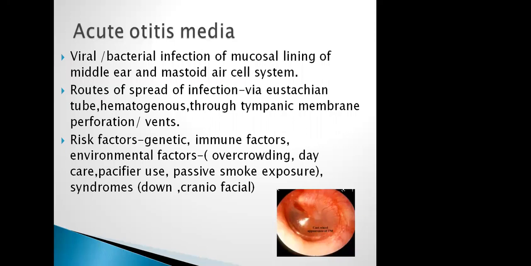With daycare exposure, if the number of children is large and many have acute otitis media or respiratory tract infections, there is a higher risk of acquiring it. Use of pacifiers and passive smoke exposure are also associated with increased incidence. Syndromes like Down syndrome and craniofacial anomalies can also cause acute otitis media.